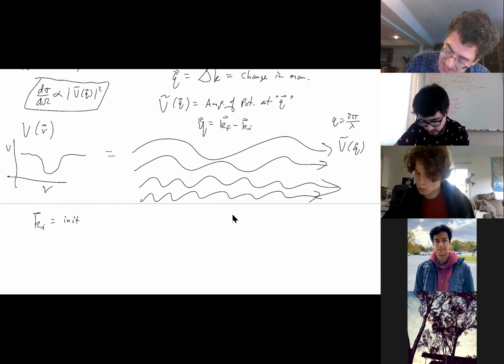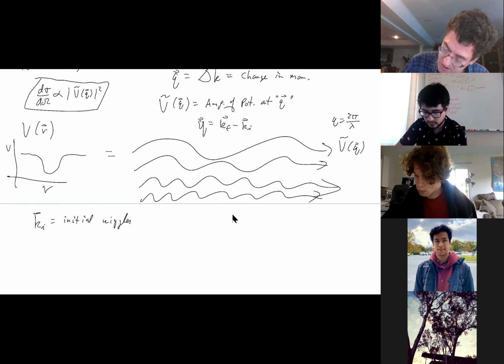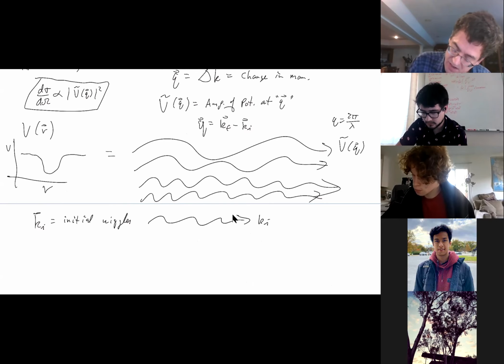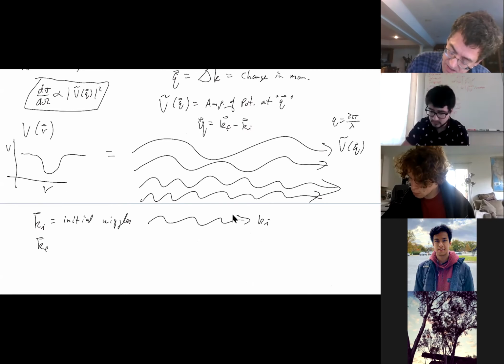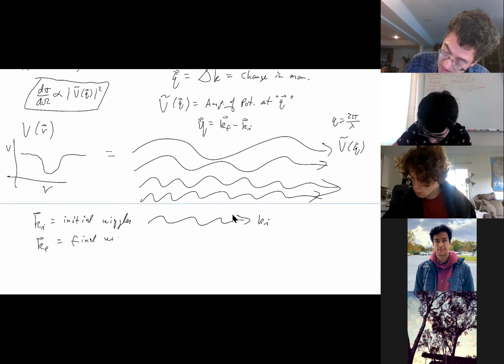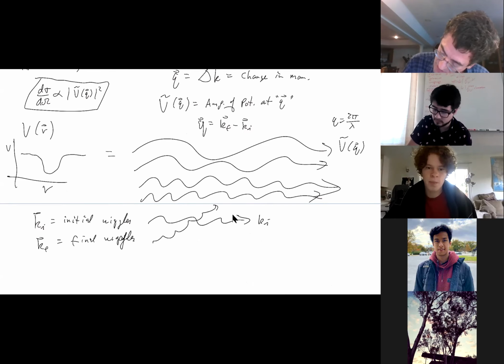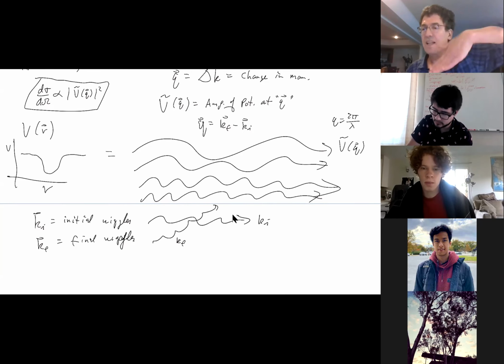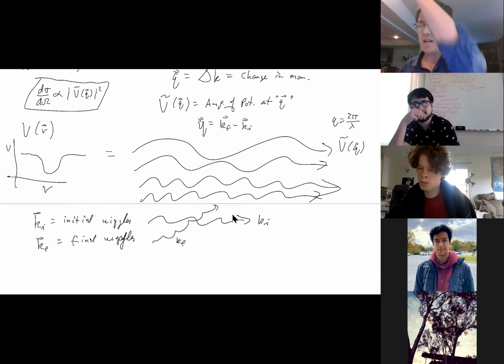It has the initial wiggles. When I say wiggles, it's a wave, a plane wave. K final has the final wiggles. So one is wiggly like this, the other is wiggly like that.